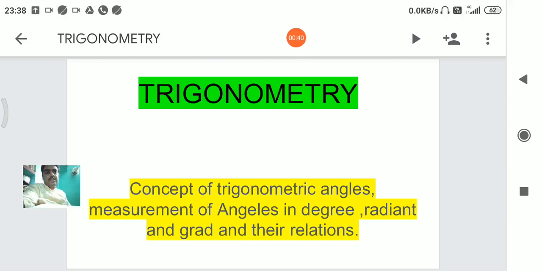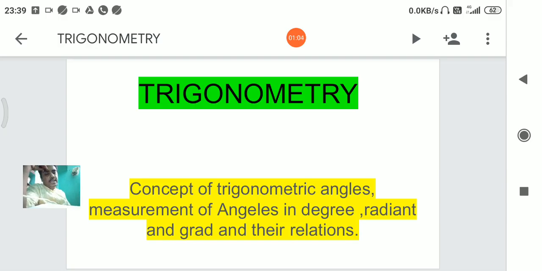Now, in your previous classes, class 10, you are already familiar with this chapter. Still, I am telling you about it. The name trigonometry came from the Greek word, which means the measurement of a triangle.